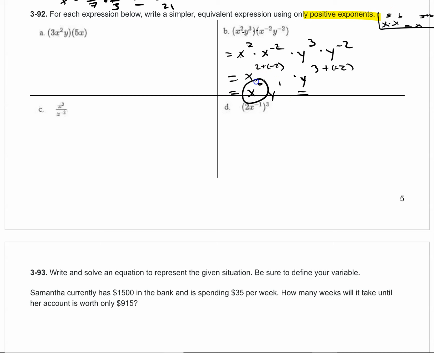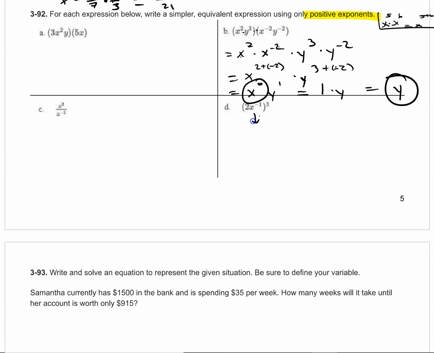And any number to the power 0 is just 1. So that's 1 times y raised to the power 1. Raised to the power 1 is, you don't need to write it. Or just 1 times y, which is y.